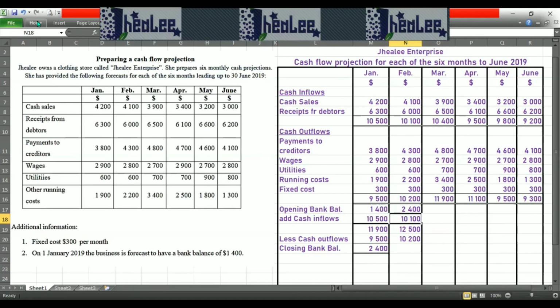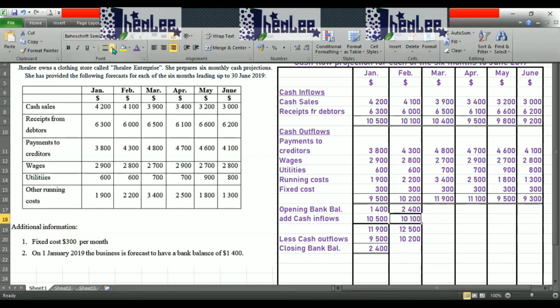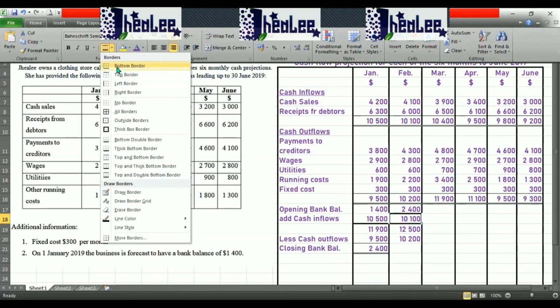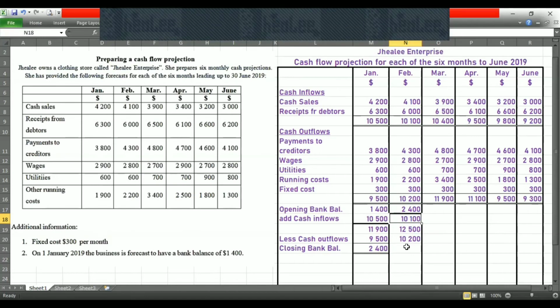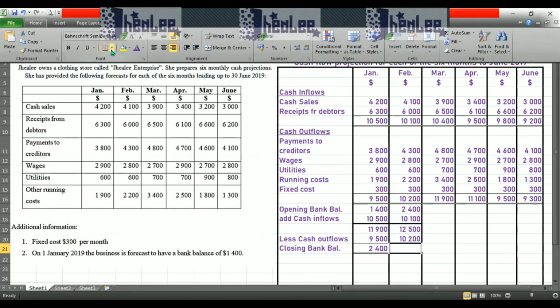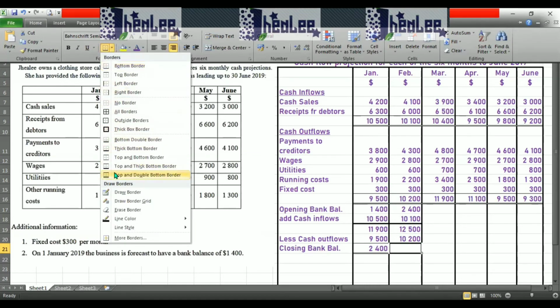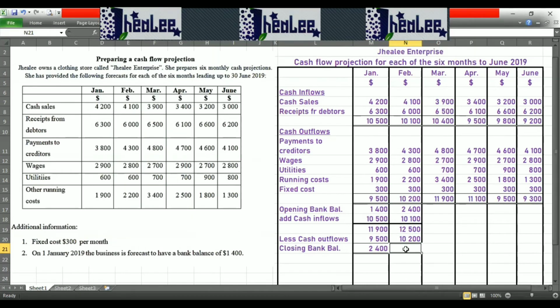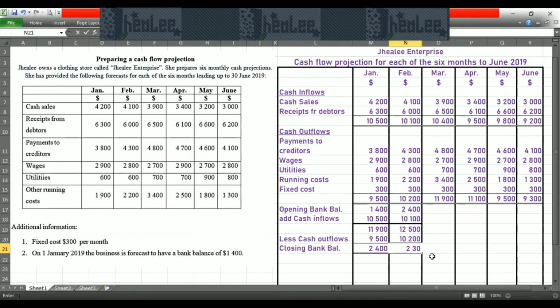10,200 from the 12,500 gives you a remaining balance of $2,300.